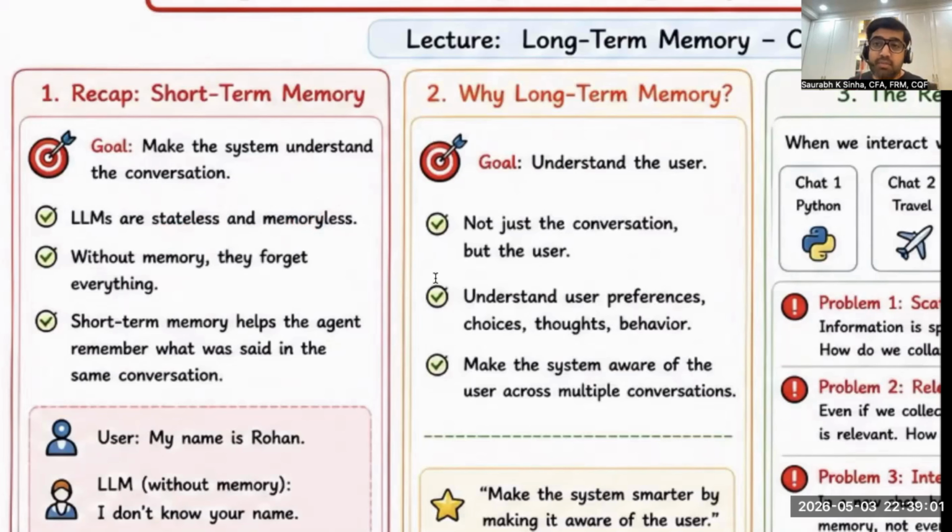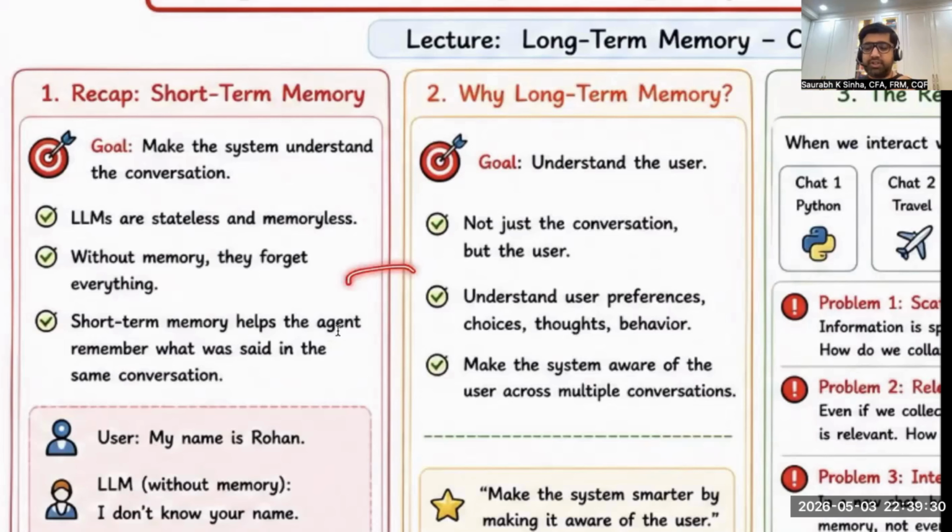They will forget your name if the context window doesn't contain your name. So when you implement short-term memory, it helps in maintaining conversational continuity. The user will feel that the LLM is understanding my conversation. And short-term memory makes the system's responses context aware within a session, within a thread.